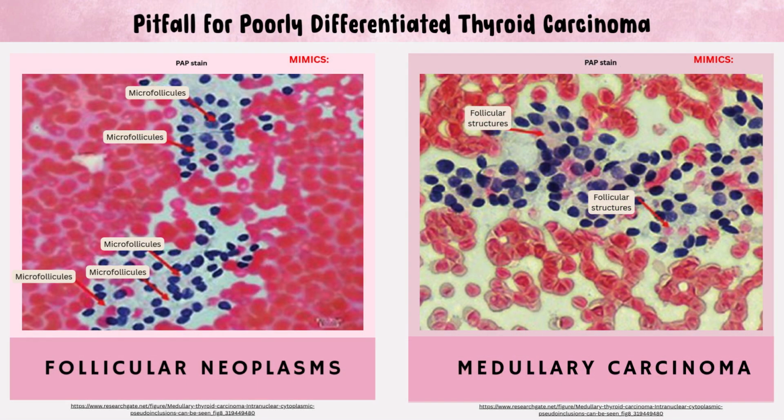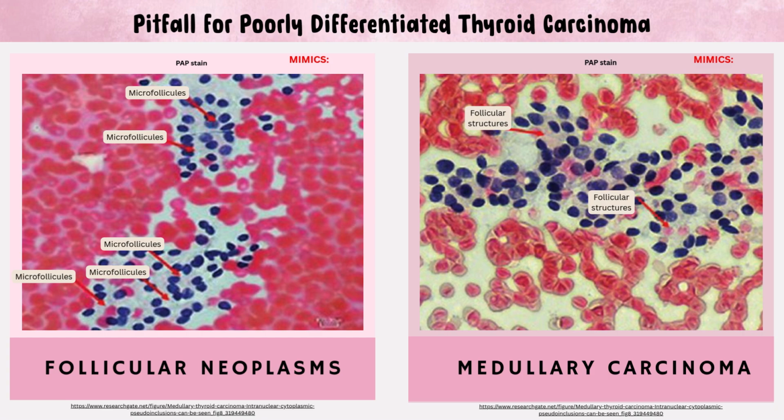Next, we continue on pitfalls for PDC. For instance, the prominence of microfollicles, as highlighted here, can instantly pull your diagnostic mind toward a follicular neoplasm. This is a classic trap because PDC can sometimes present with microfollicular structures, overshadowing its more characteristic insular and trabecular patterns.